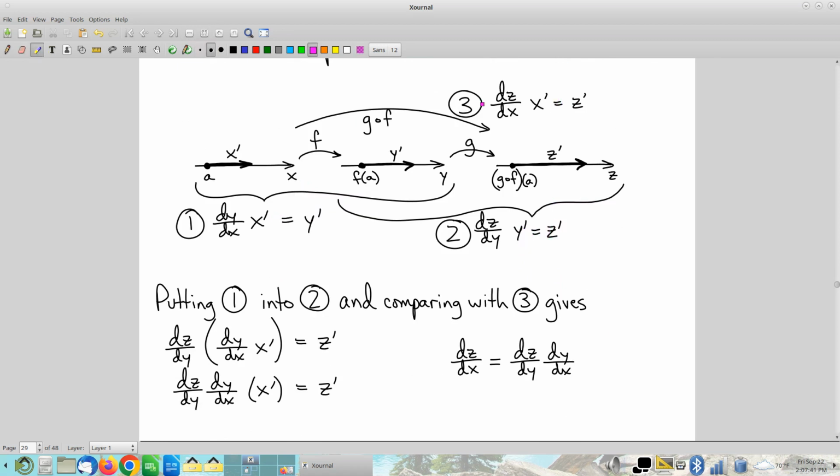I'm going to take I think a more intuitively satisfying take here, which is that, look, when you look at the derivative of f, and that's relating x prime to y prime, what you're really doing is multiplying by a factor. Again, that's what derivatives do. Think of them as being multiplicative factors.